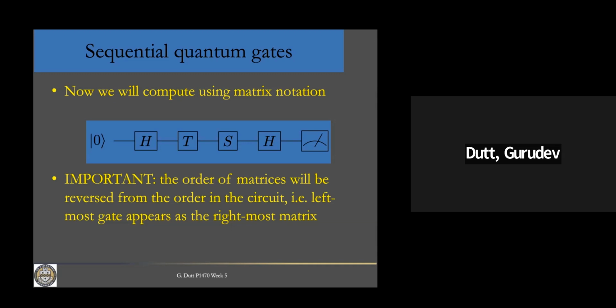Then T acts on that, so that's T times H times 0. Then it's S, so that's S times T times H, and then it's H again. So the final state is H, S, T, H acting on 0. That's why the leftmost gate appears as the rightmost matrix.